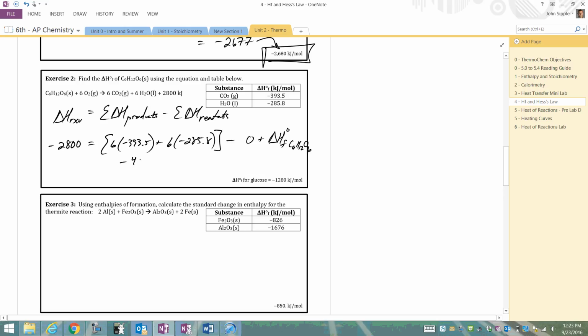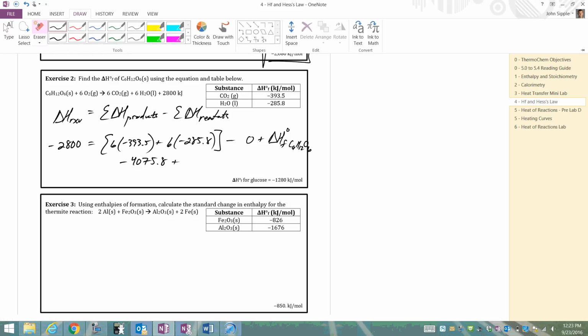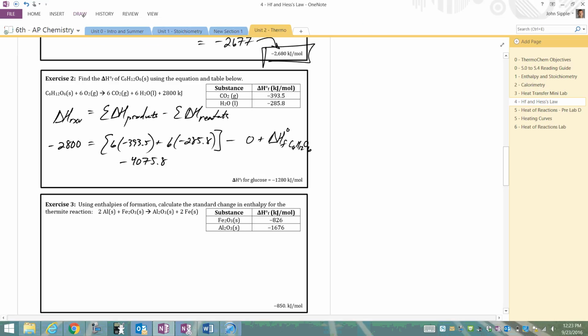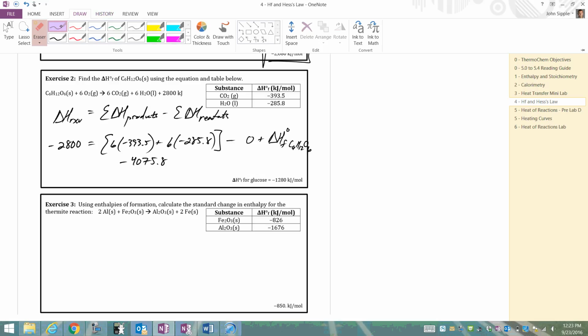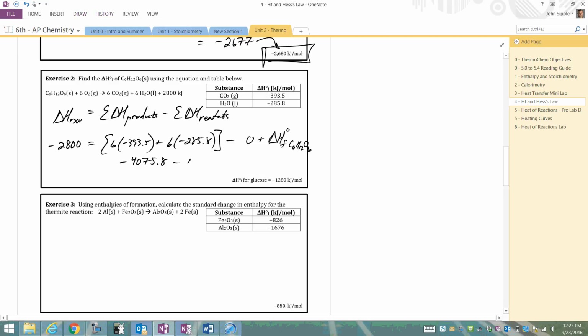So negative 4,075.8 minus the delta H of C6H12O6 is equal to negative 2,880. I add that over.